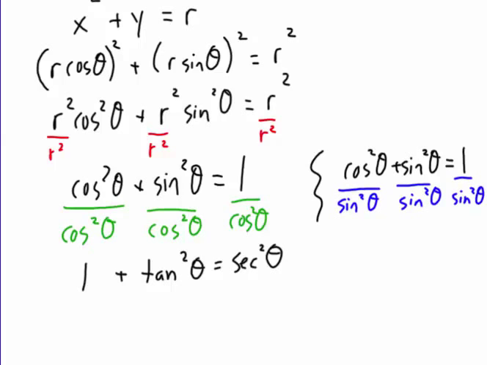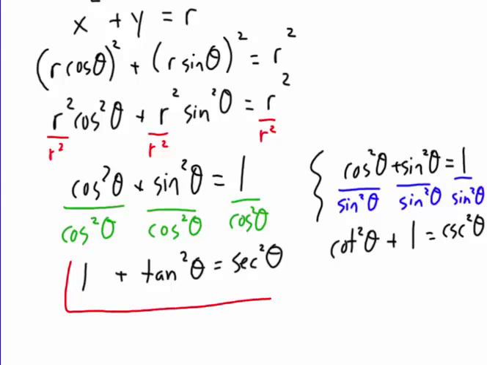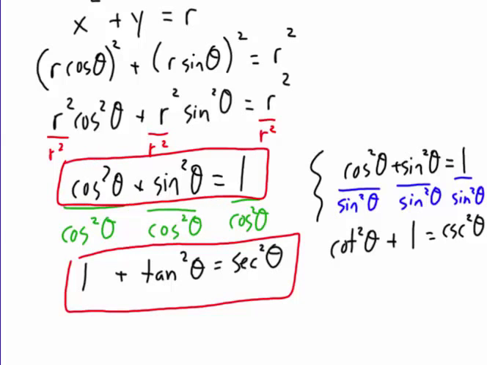So divide everything by sine squared theta, and we're going to get cos squared over sine squared will become cotangent squared theta, plus sine squared theta over sine squared theta is 1, is equal to 1 over sine squared theta, which becomes cosecant squared theta. And that gives us our three Pythagorean identities. Three values that have squares in them that are our fundamental trigonometric identities.